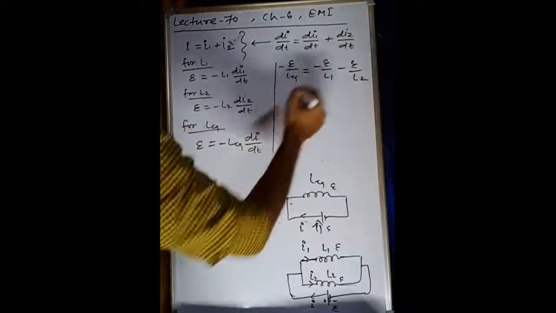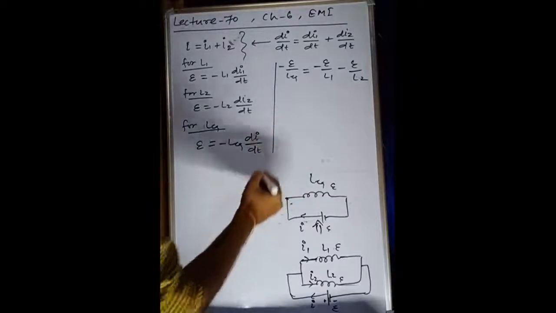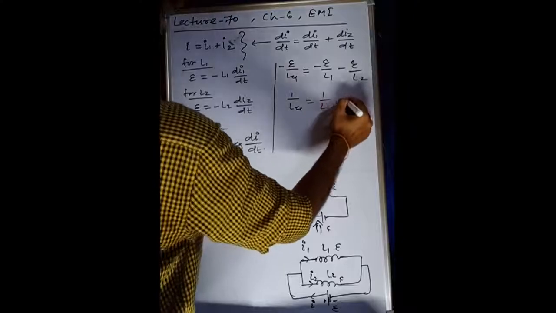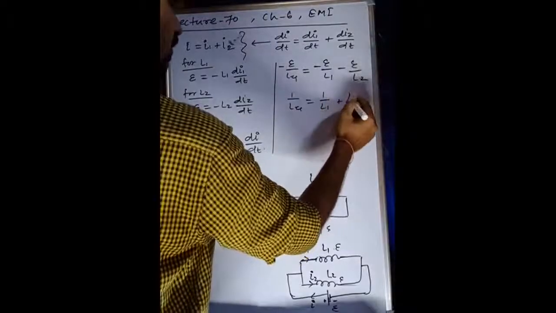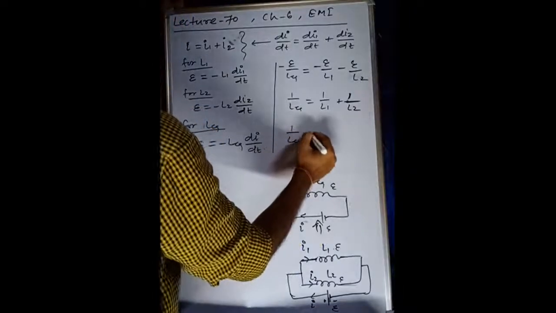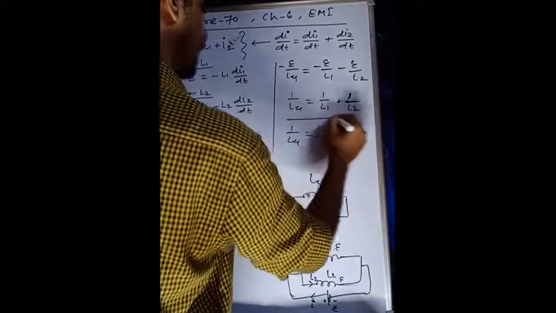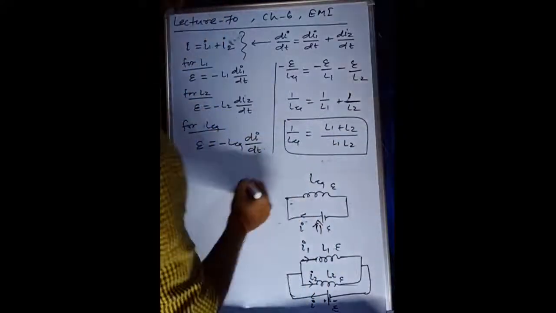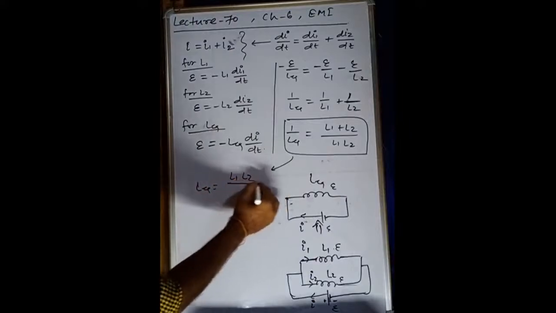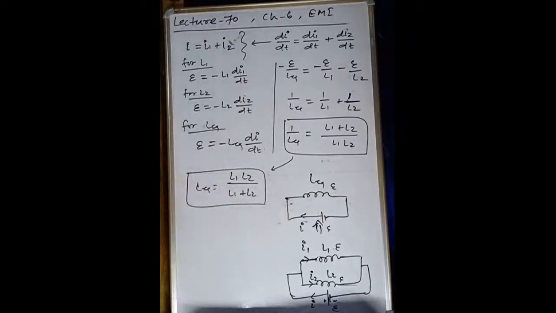So this E will be common, taken at the common, cancel out, we will have the net result 1 by L equivalent is 1 by L1 plus 1 by L2, or 1 by L equivalent as L1 plus L2 over L1 L2, and the L equivalent we can write L1 L2 by L1 plus L2.